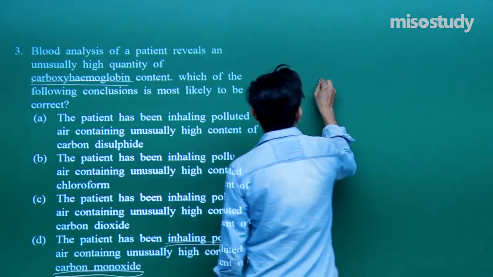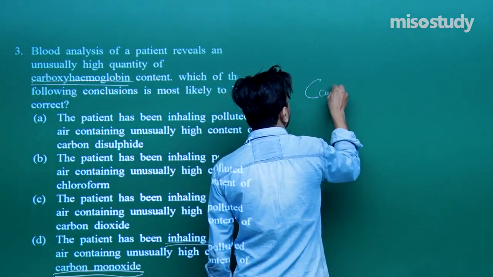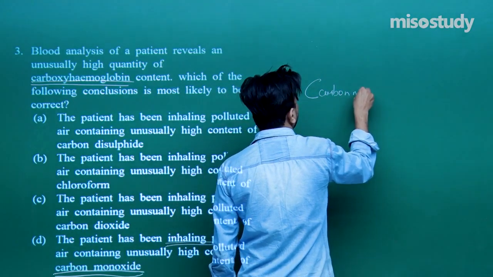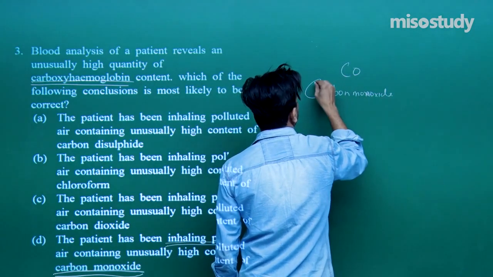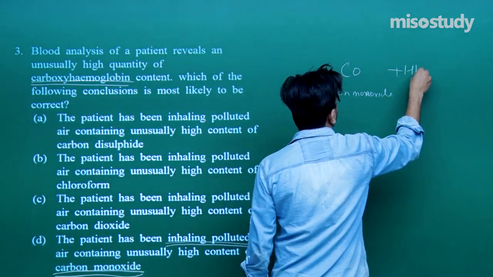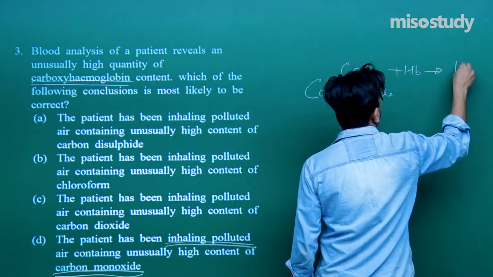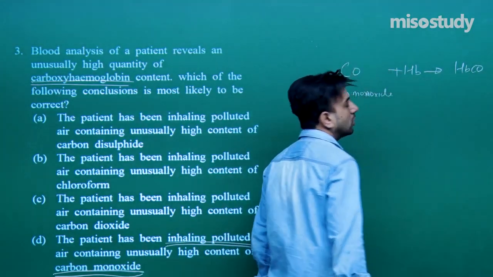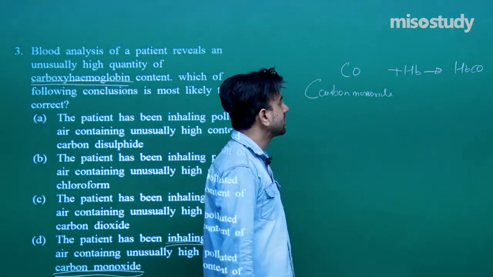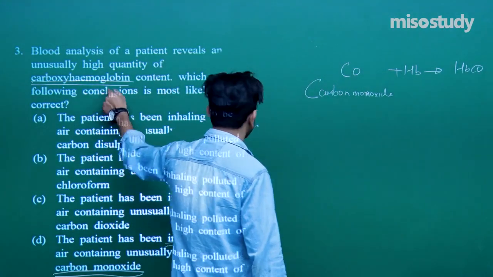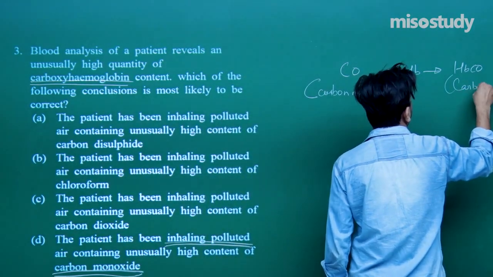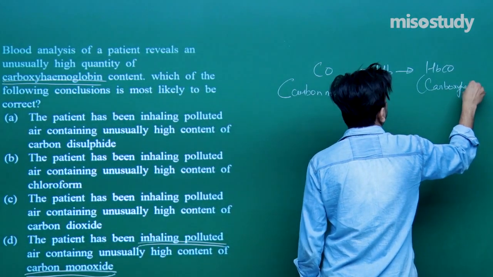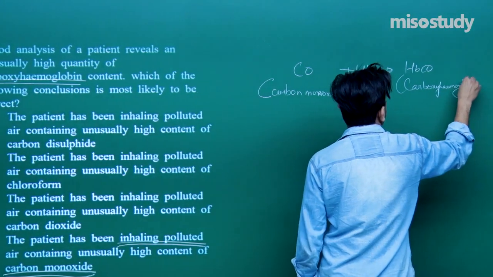So carbon monoxide, right, CO plus hemoglobin will form HbCO or COHb, whatever, carboxyhemoglobin.